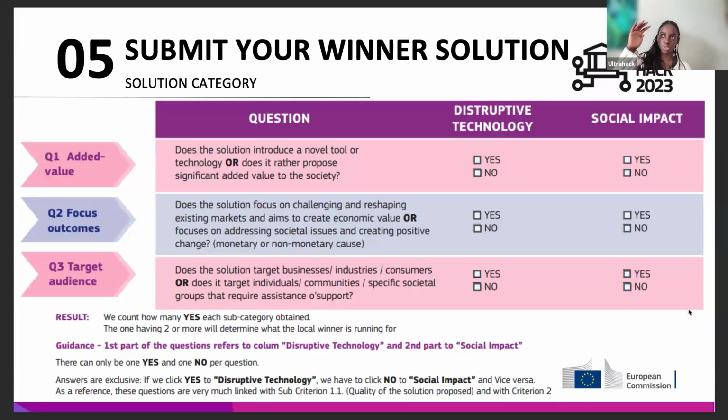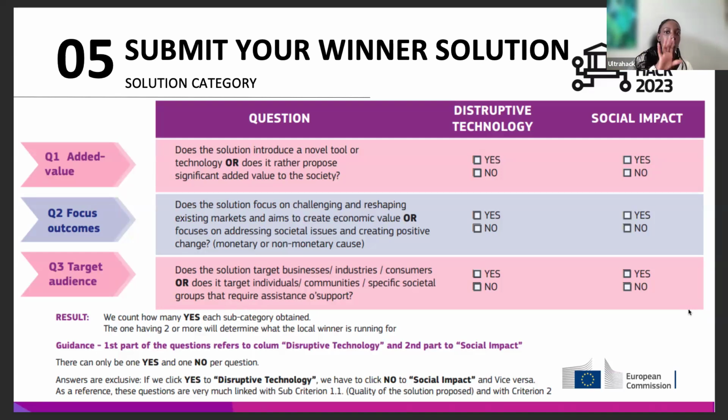And then we have here the disruptive technology and social impact. You can count how many yeses each subcategory obtains, and the one having two or more will determine which category your winner is running for. Guidance: the first part of the questions refers to the column disruptive technology and the second to social impact.